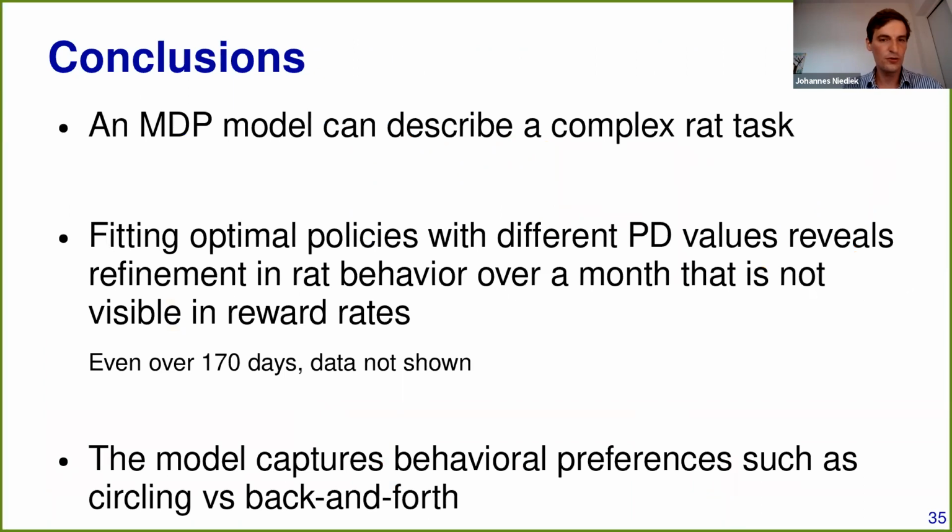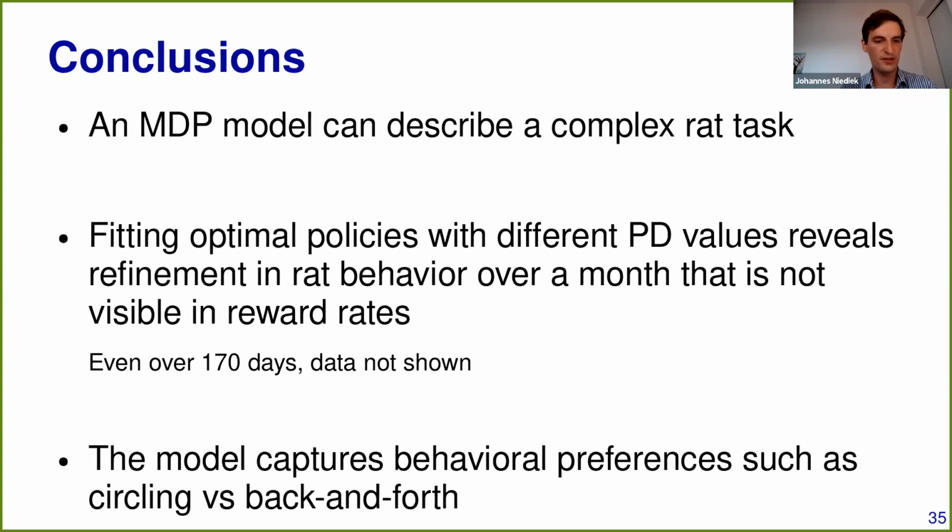So let me conclude. What we showed here is that we can actually use an MDP model to describe a complex rat task. Sounds maybe obvious, but I don't think it's that obvious. This strategy of creating a database of many policies and fitting them to trajectories showed refinement in rat behavior over a whole month.